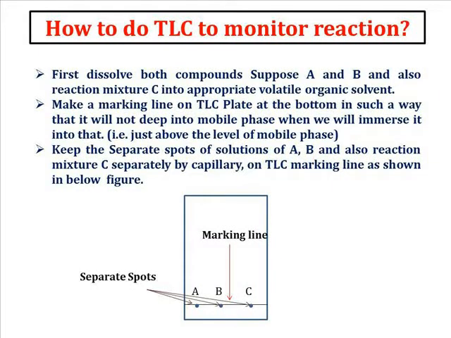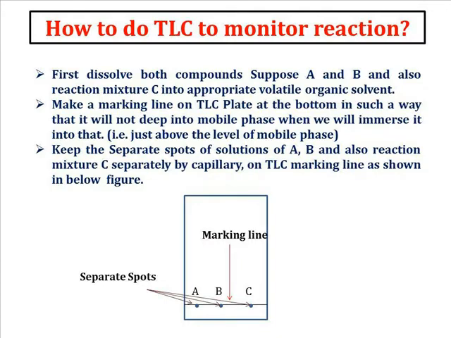Now, how to do TLC to monitor the reaction? Suppose our reaction is A plus B gives C. Dissolve both reactants, that is A and B, in a volatile solvent. Also dissolve the reaction mass in the same or a different volatile solvent.